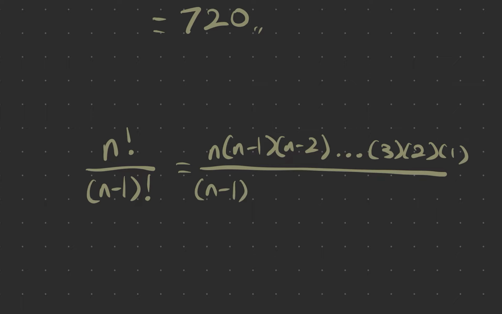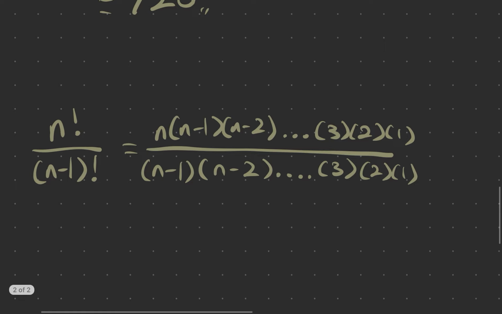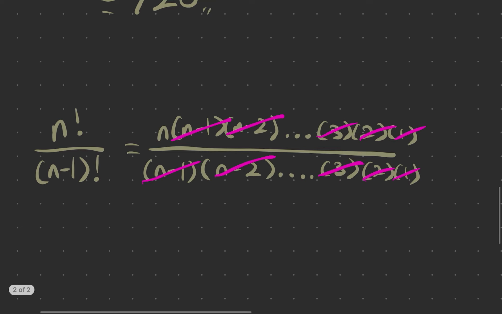N minus 1, then you minus another 1, so you get an n minus 2 term. So it keeps going on and on until you reach 3, 2, and 1. So technically, can you see something here? You can cancel out the terms. So what you'll be left with is just n. N factorial over n minus 1 factorial is just n.